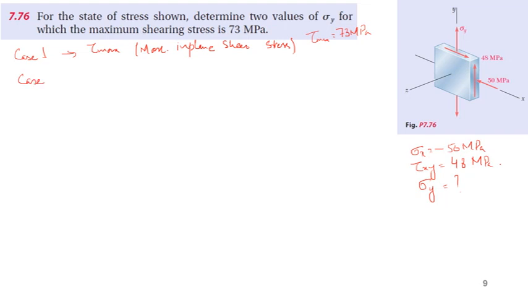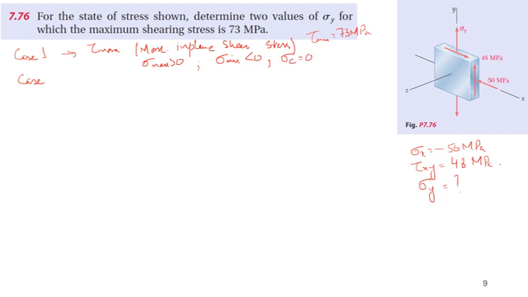Also for case 1, sigma maximum will be tensile and sigma minimum will be compressive, whereas sigma c, the third principal stress, will be 0.